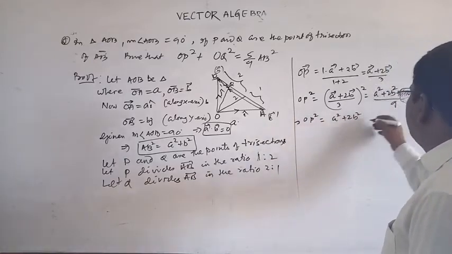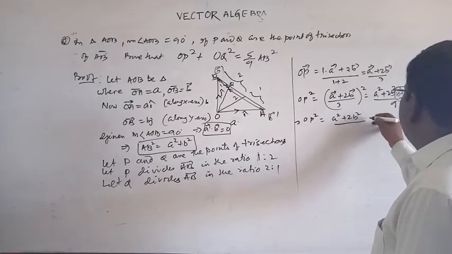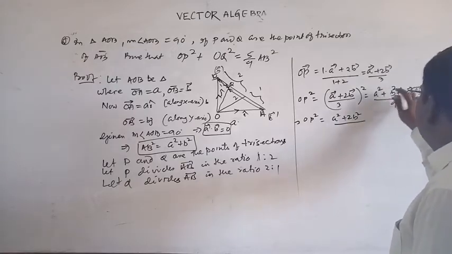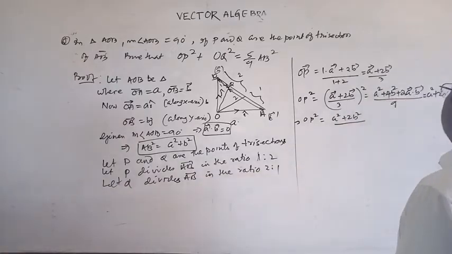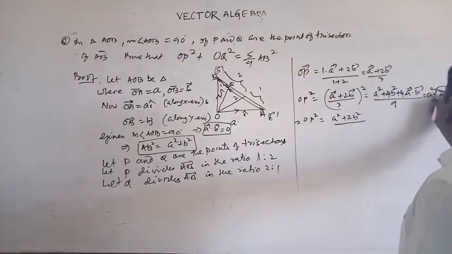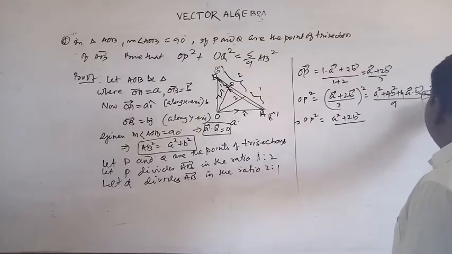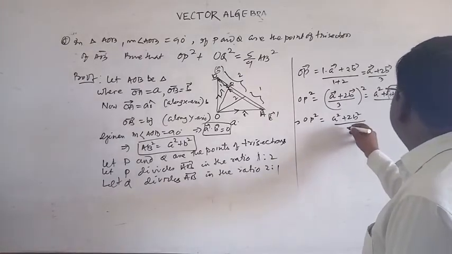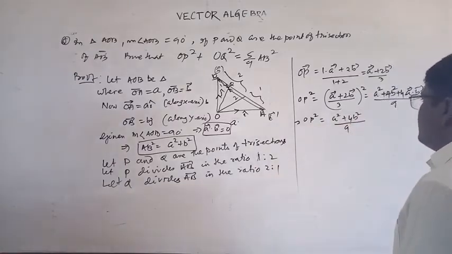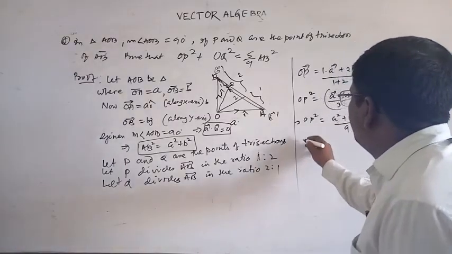So OP square is a square plus 4b square by 9, clear? And similarly OQ.